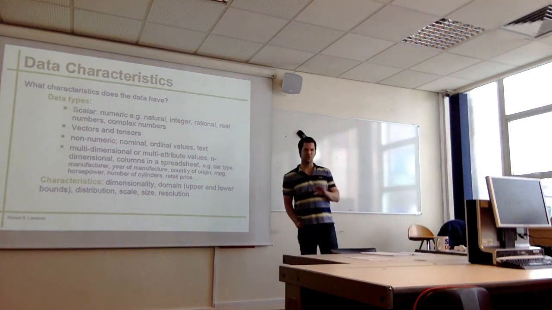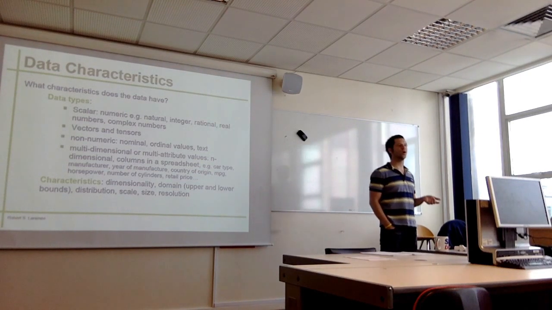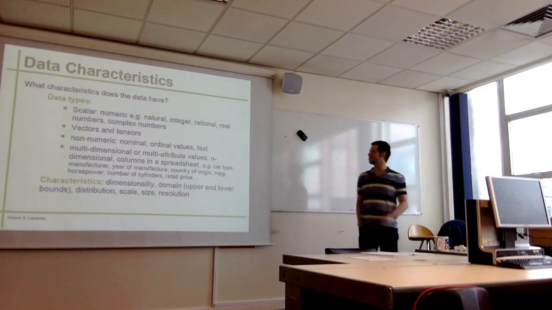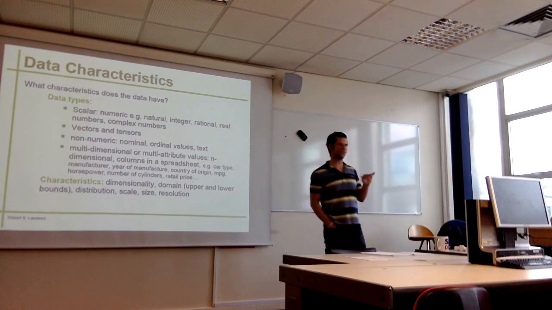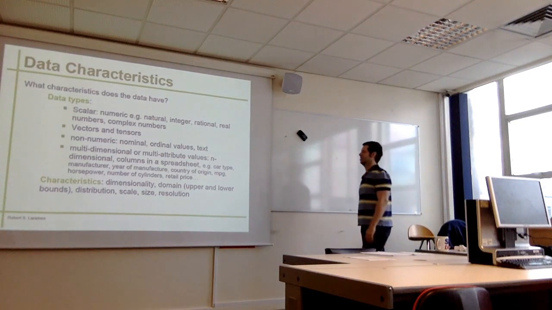Real numbers are floating point numbers, so all the numbers between, for example, 0 and 1, and all the numbers between the integers. And then there are complex numbers, which have 2 components, the real and imaginary parts, but we don't really talk about those.